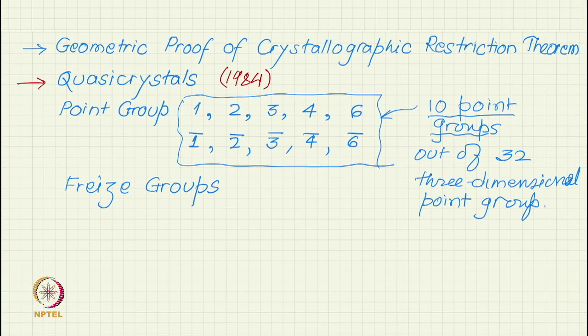So, this theorem and all are more than 100 years old, but in 1984 there was some sort of revolution or shaking of the foundation of crystallography. That is the kind of news which was coming. It was nothing like that, but it was a new discovery, where they were finding that there are crystals with 5-fold symmetry.